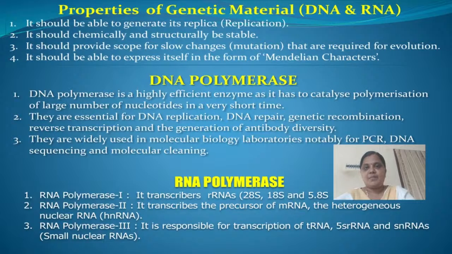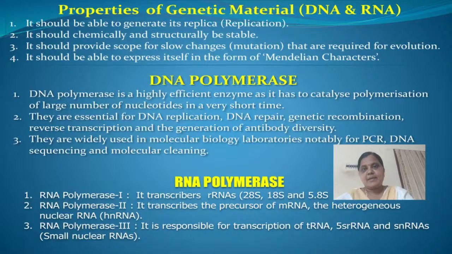RNA polymerase 1 transcribes rRNAs, that is, ribosomal RNAs. The second one, RNA polymerase 2, transcribes the precursor of mRNA, the heterogeneous nuclear RNA, HnRNA. H in the bracket denotes heterogeneous nuclear RNA.